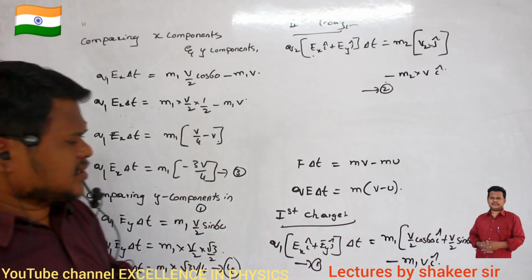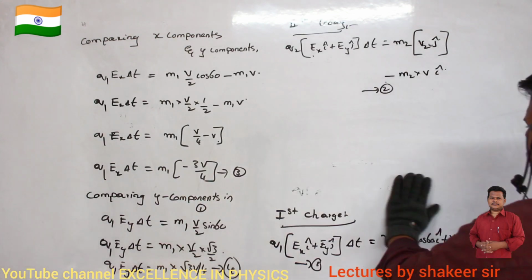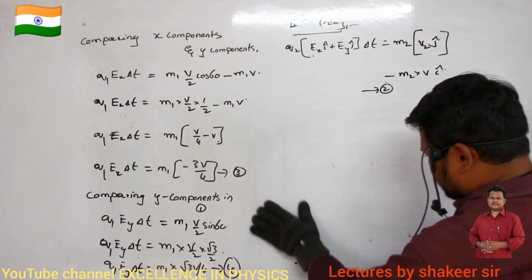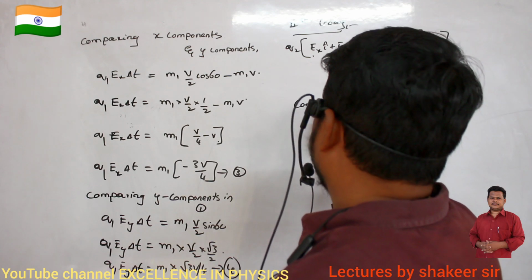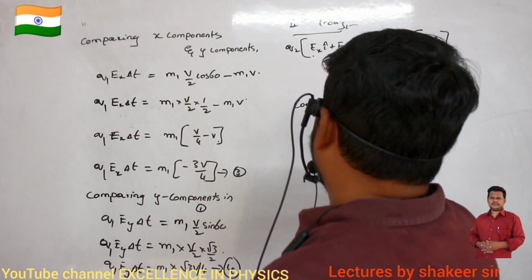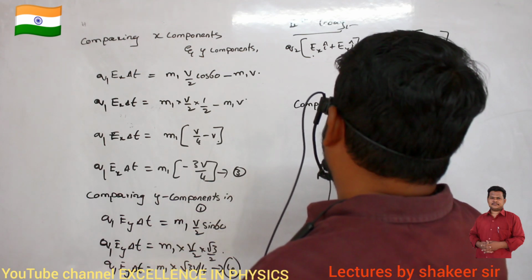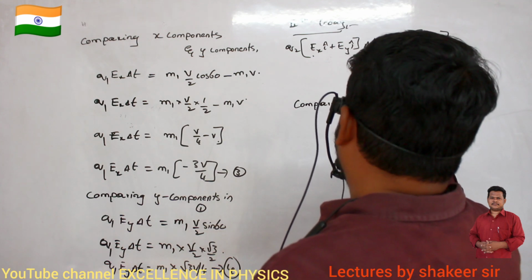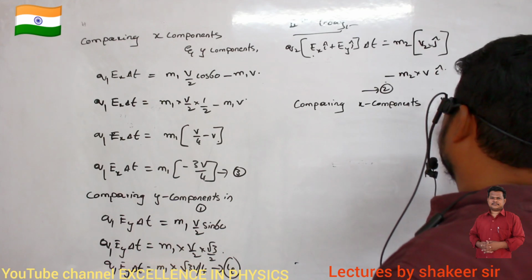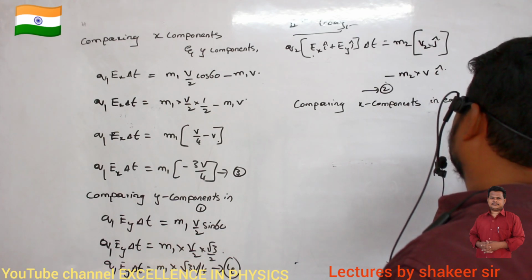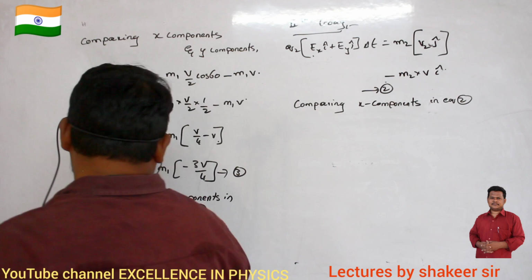Clear? Similarly, you write equations for the second body. For the second equation also, comparing x components in equation 2. Now here, what are the x components, can you say?